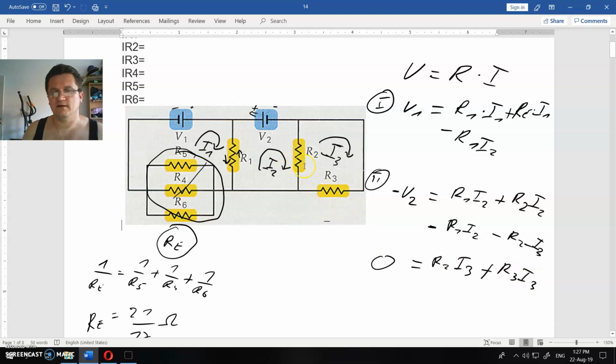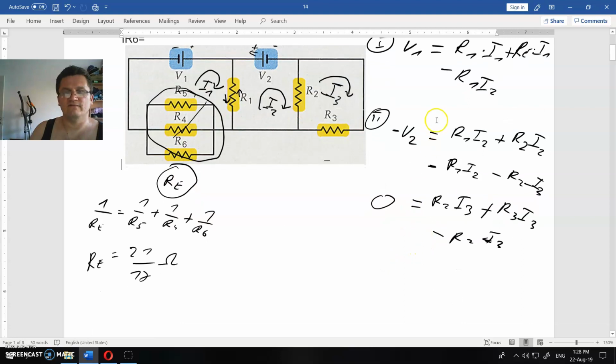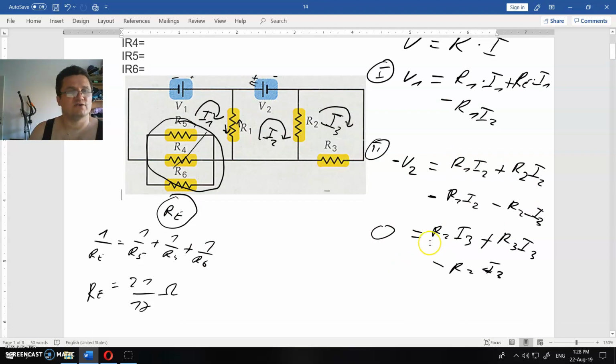But we have a minus here, in this contour, because the situation is counterclockwise. E2 current is counterclockwise here, so minus R2 E2.